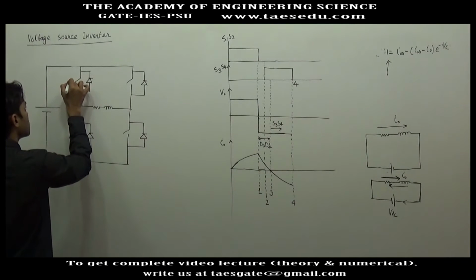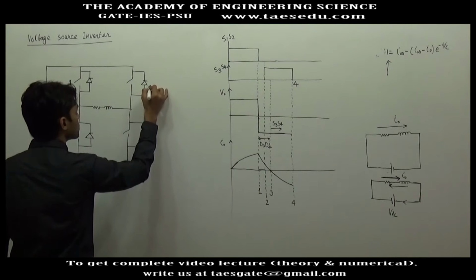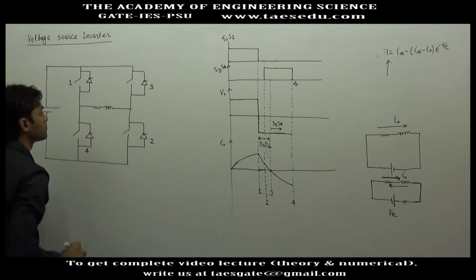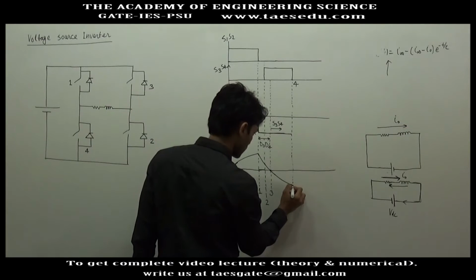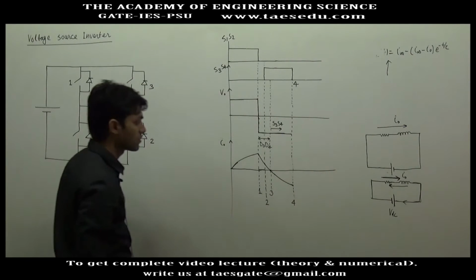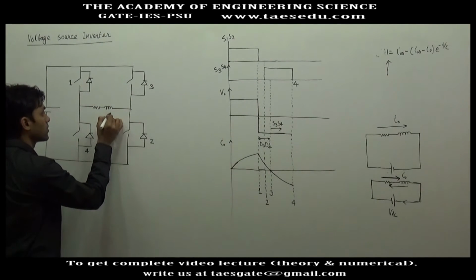Naming will be, this is 1, either switch 1 or D1. This is 2, this is 3, and this is 4. So we were talking about instant 4. At this instant, current is negative, means current is flowing right to left.